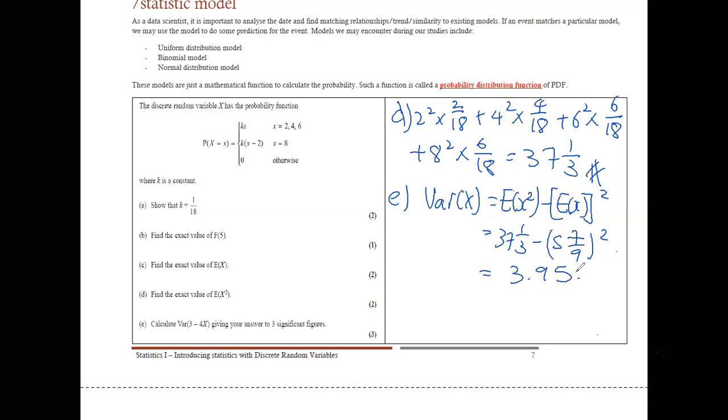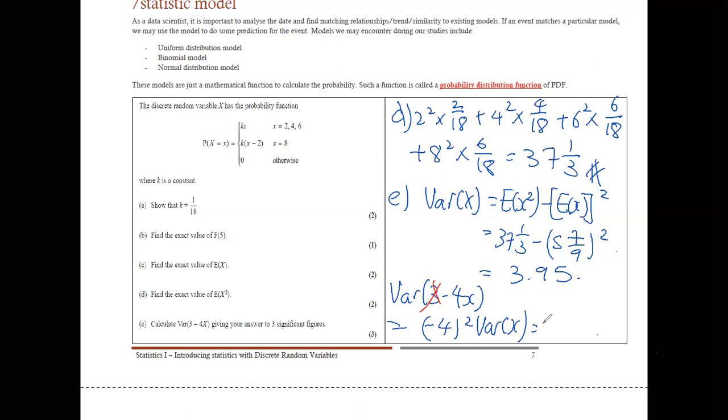Okay, so to get the Var(3 minus 4x), again, this 3 can be ignored because it's variance. So this will be minus 4 squared times my Var(x). Let me just calculate it.